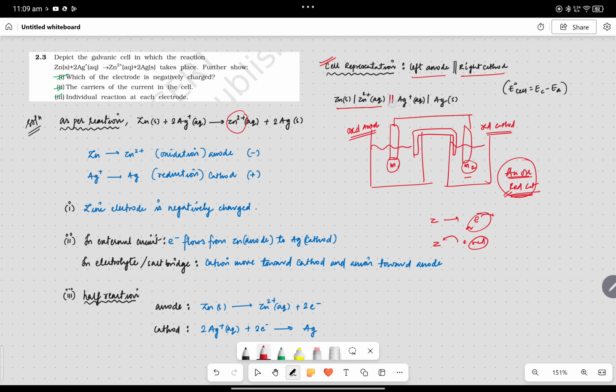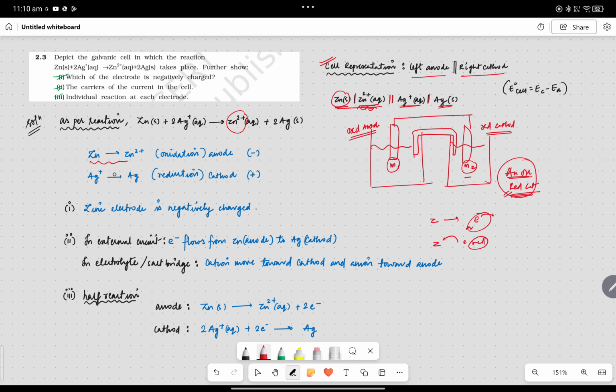In the middle I have to give two lines that represent the salt bridge, and a single line is the separation between the metal and its electrolyte. Like this you have to write. Once I know that oxidation is occurring at the anode and Zn is present there, I will write Zn solid, then Zn2+ aqueous, that is the electrolyte.